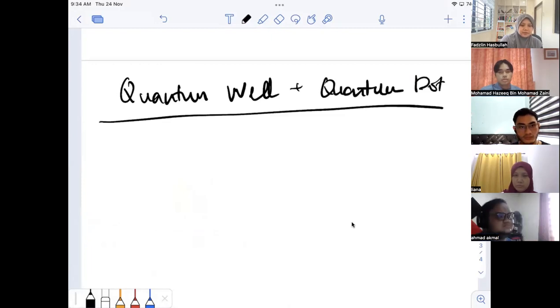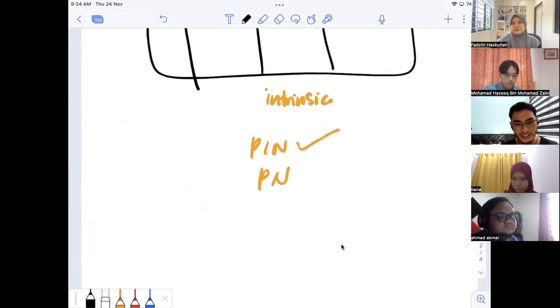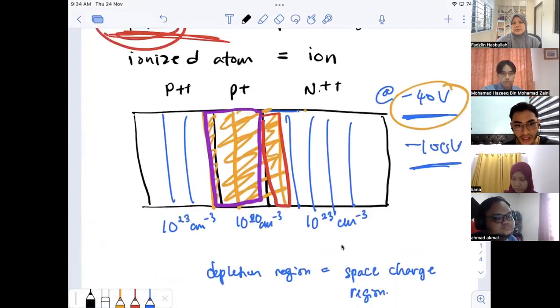Tak ada. Ada? Madam. Ya. Maksudnya kalau reverse bias tu, depletion region akan increase at both side, N dengan P. Yes. When you apply negative voltage, electric field will need to be applied to both side. Dia tak boleh pergi one side.